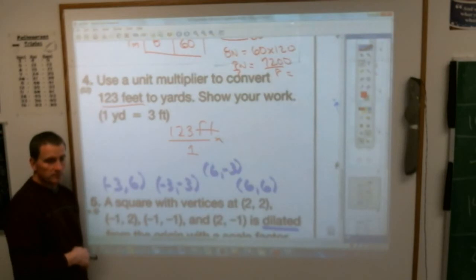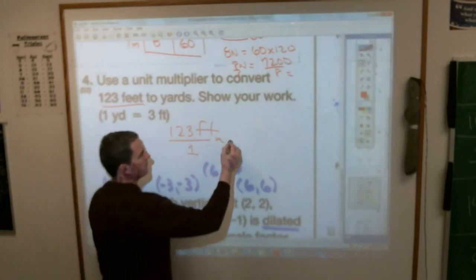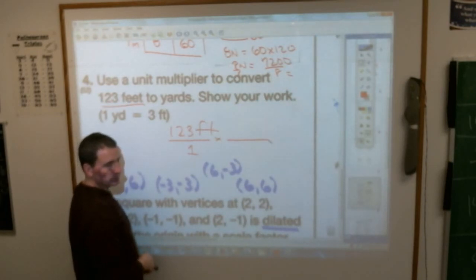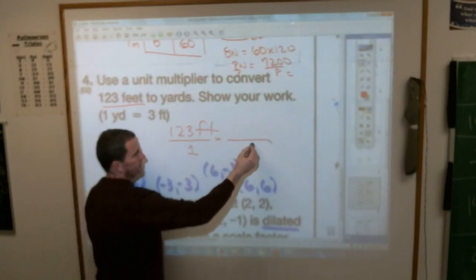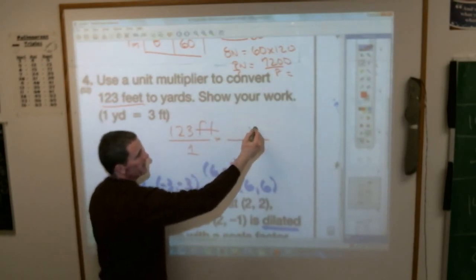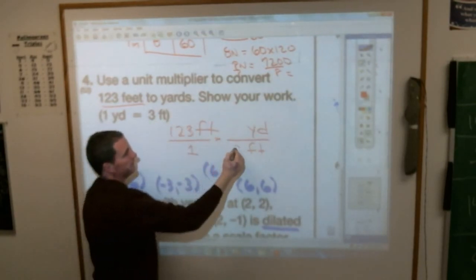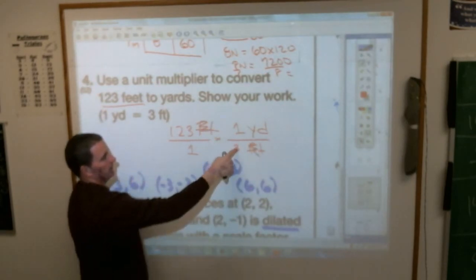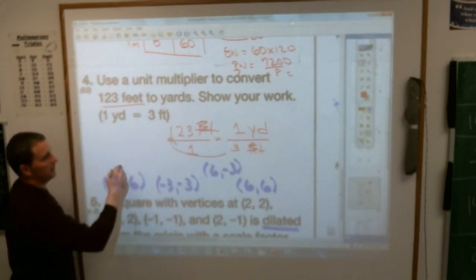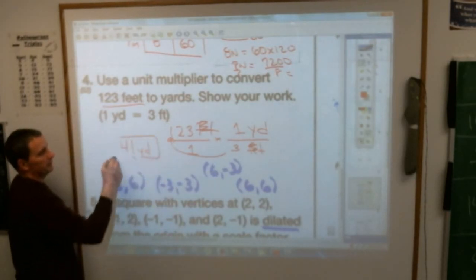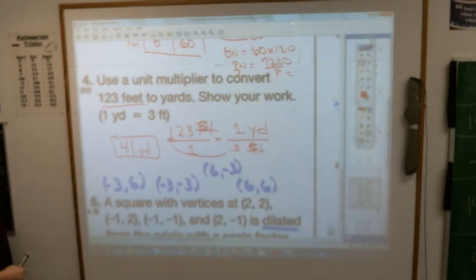Across from it, we put 3 yards over 1 foot. How do I know to put the foot on the bottom? Because you want to cross cancel with 1 foot. Exactly. Labels need to cross off, so if feet are here, they have to be there. I'm changing it into yards, and there are 3 feet in 1 yard. Feet cross off. I divide 3 into 123, and that is 41. That's how many yards, with whatever label I have left. Just that easy.